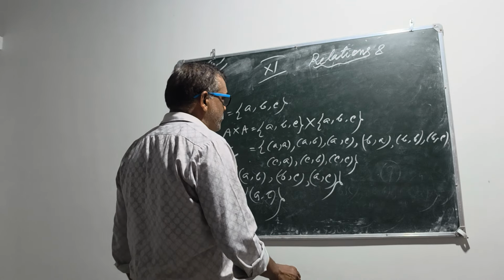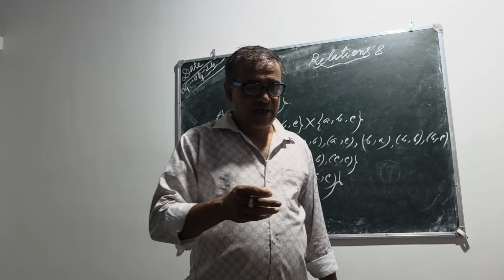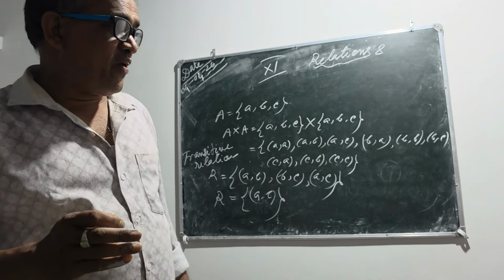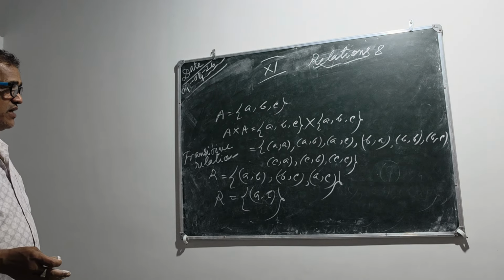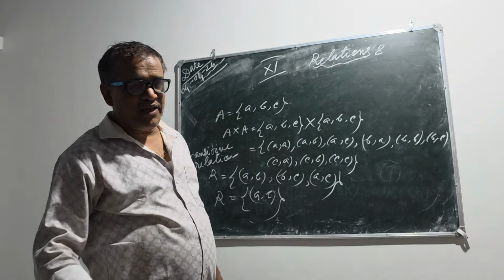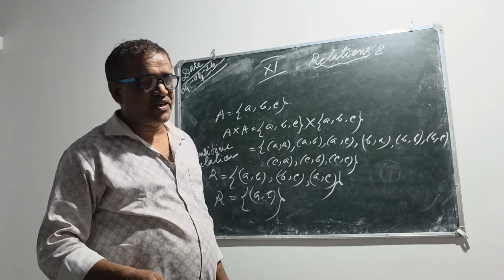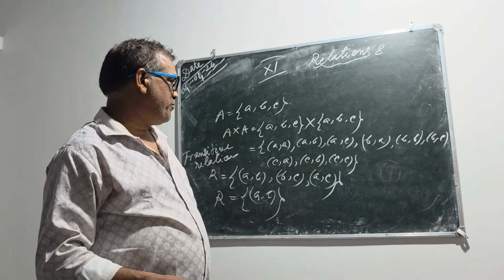So what is the equivalence relation? If a relation can satisfy, say, it should be reflexive, symmetric and transitive. If a relation satisfies reflexivity, symmetry and transitivity, then that particular relation is called an equivalence relation.